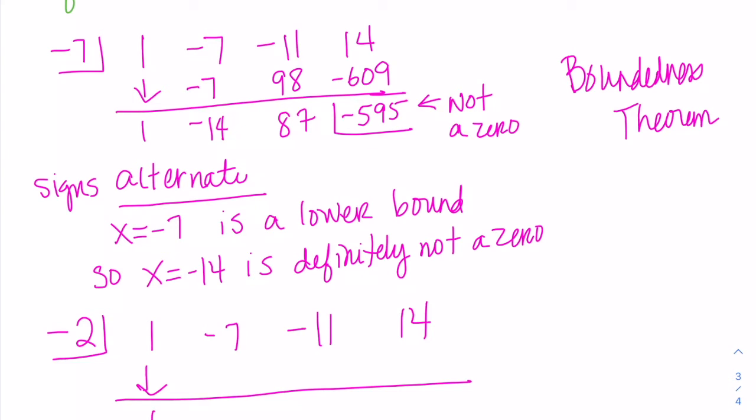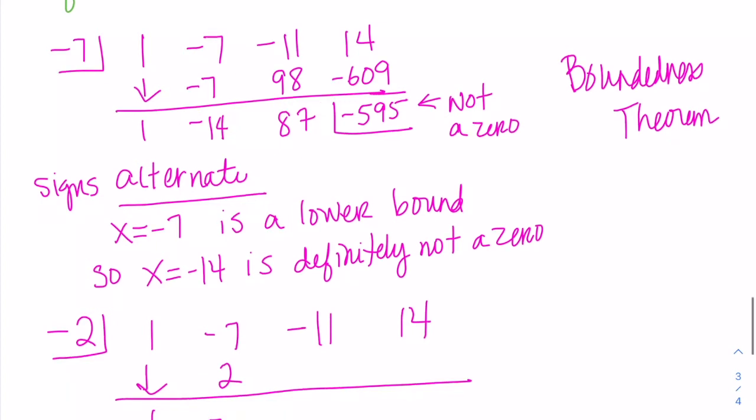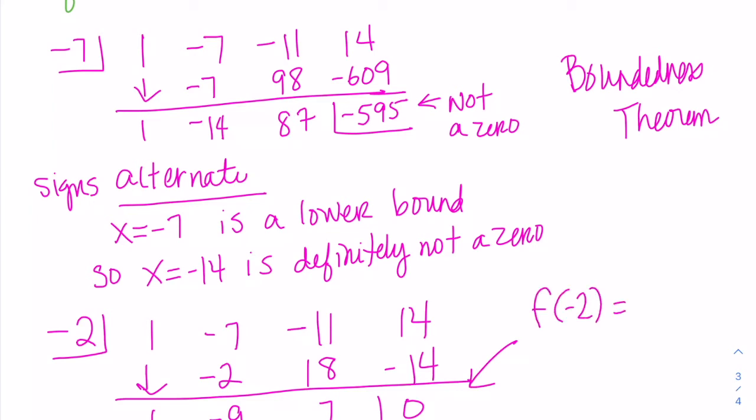Synthetic division, bring down the 1, multiply going up, add going down, so we get negative 9, 18, 7, negative 14. The remainder is 0. So we know that f of negative 2 would equal 0, so x plus 2 would be a factor. Remember, this is the factor theorem right here.